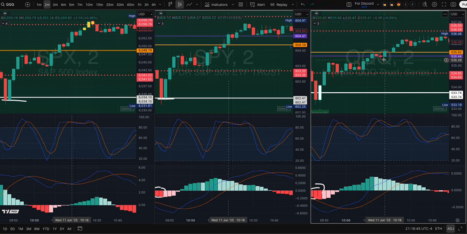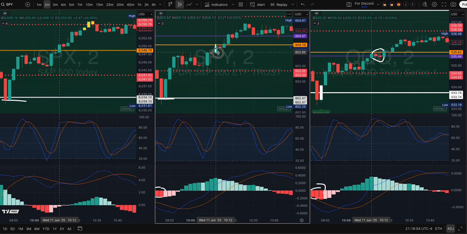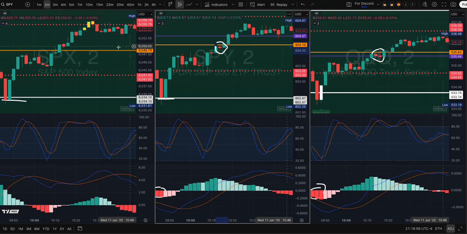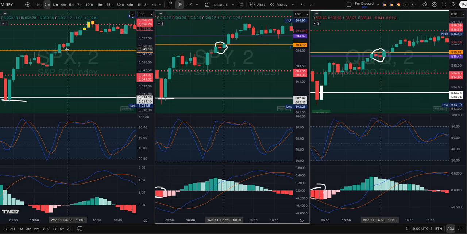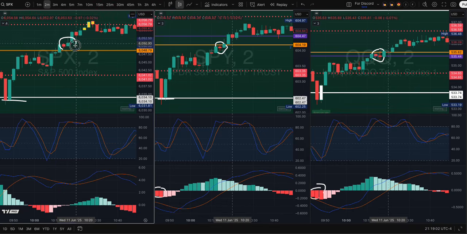So this area, many of the members did have questions because here, which is also this here, which is also these two here. Now, a couple of things.